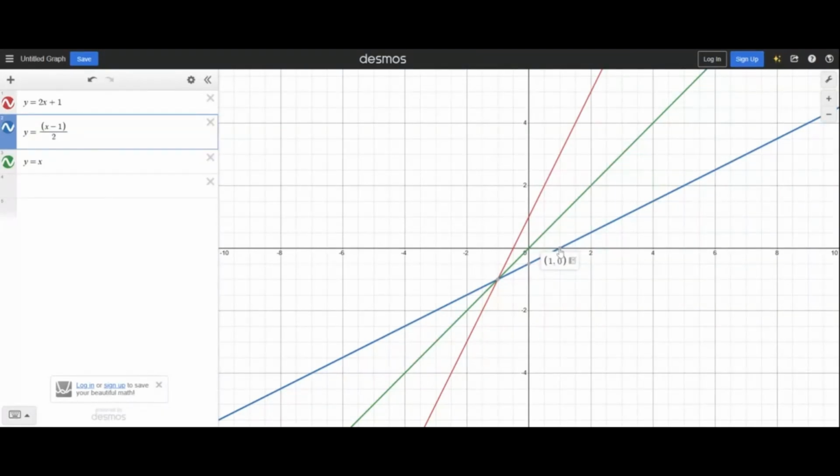So (1, 0) on the inverse function, (0, 1) on the function f. Like that, you can see, for example, this one here, (minus 2, minus 1.5) on the function f, (minus 1.5, minus 2) on the inverse function.